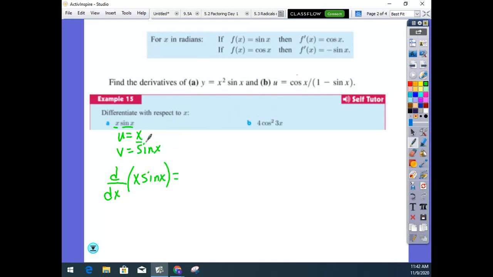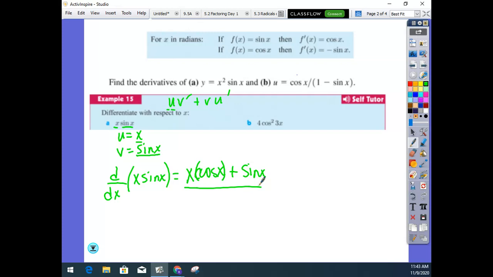So we have our u, remember u v prime plus v u prime. So my u is x times the derivative of sine, negative, no. Why do I keep doing this? Cosine, plus v, sine of x, times the derivative of u, which is just 1. So this was a little bit easier.